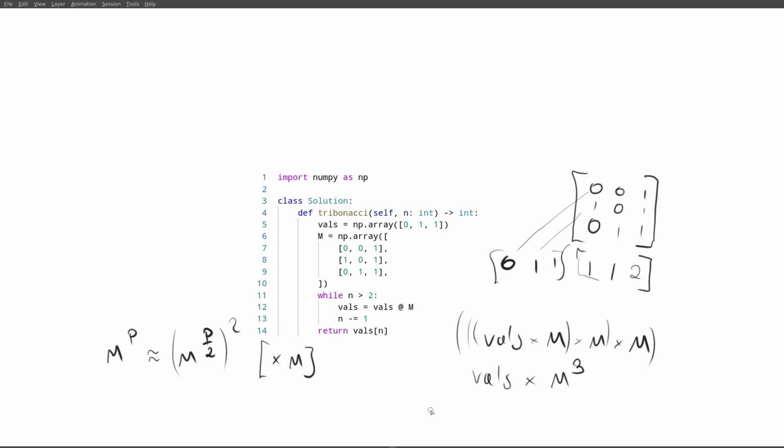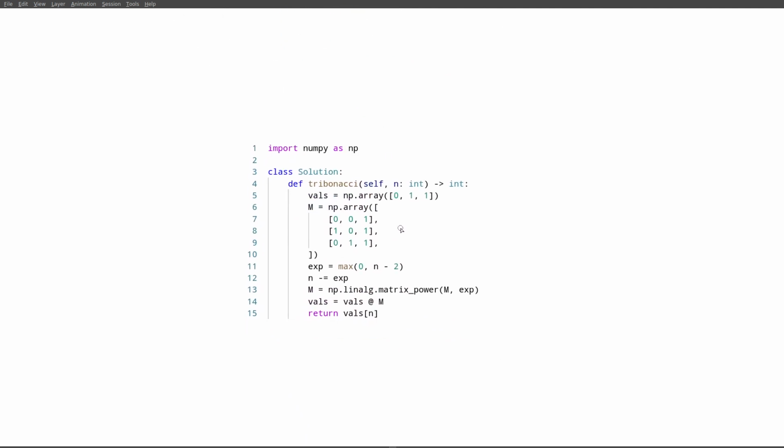And you can implement it yourself, or again, since we're using NumPy, we can just utilize the fact that NumPy implements it for us. So we can use just the matrix power. So essentially we raise m to the power of n minus 2. Perhaps we get identity matrix in that case if we raise it to the power of 0. We adjust n so that it is in range 0, 1, 2, and we return the result.